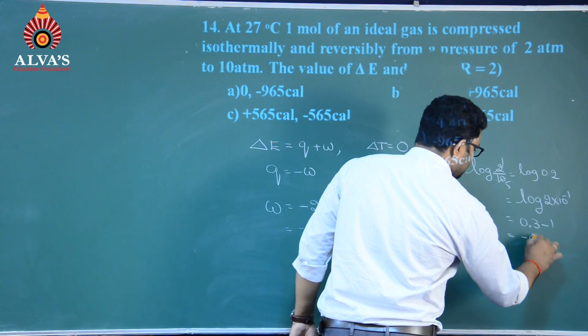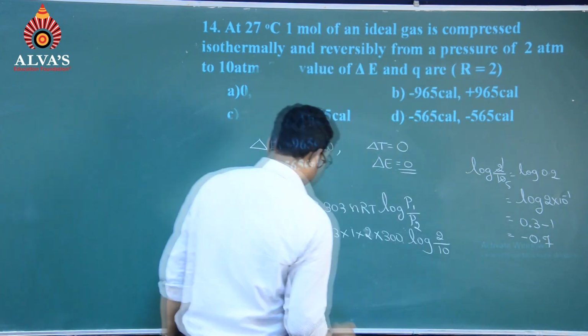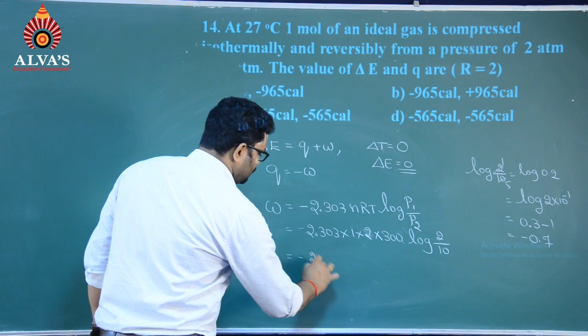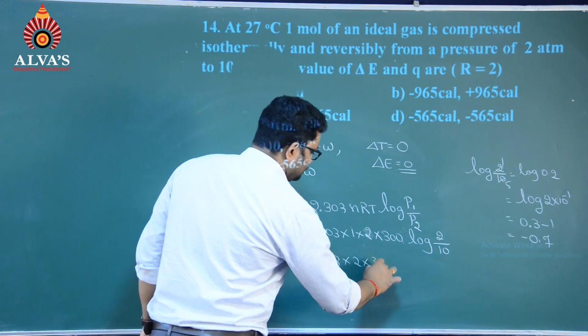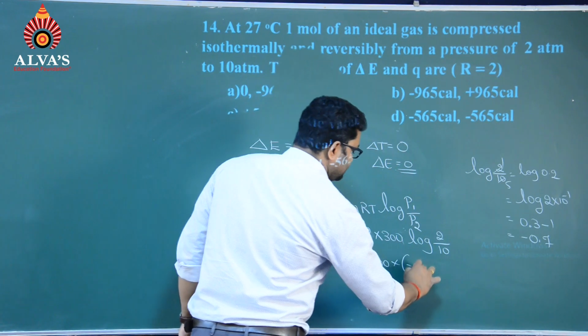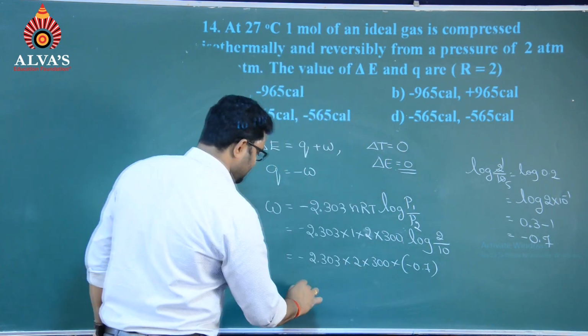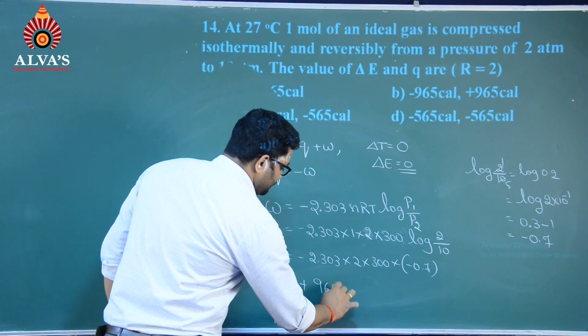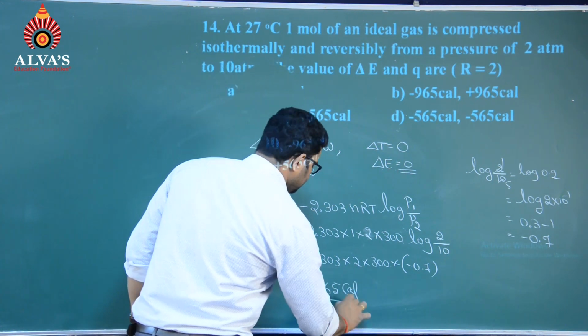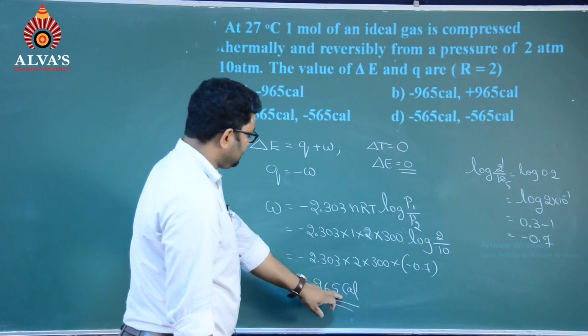Hence, it is minus 0.7. Minus 2.303 into 2 into 300 into minus 0.7. Minus into minus is plus. Now, the value is 965 calories. That means work done is 965.